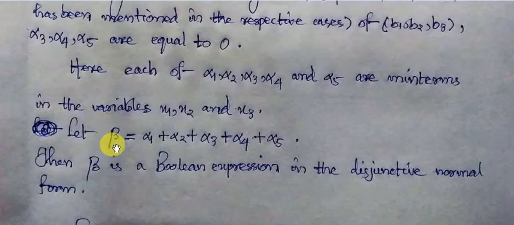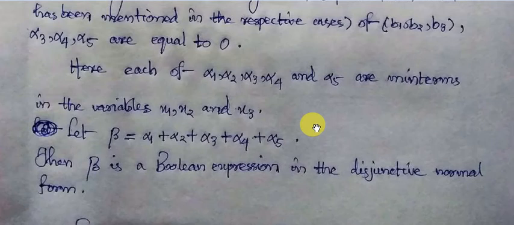Here we are considering a Boolean expression which is beta, and that is equal to alpha 1 plus alpha 2 plus alpha 3 plus alpha 4 plus alpha 5. That means the sum of all min terms which we have written for this assignment table of the Boolean expression alpha.